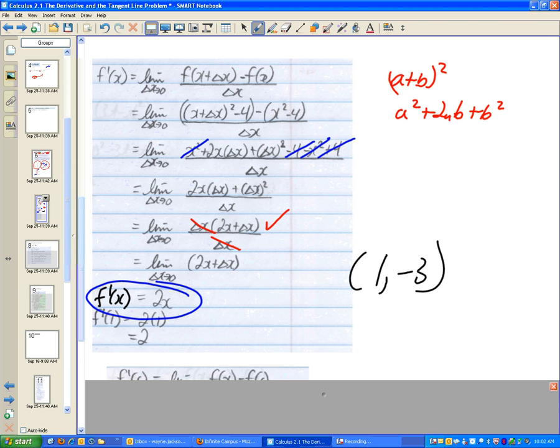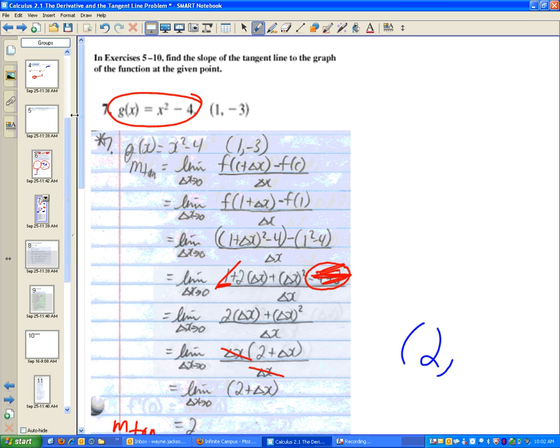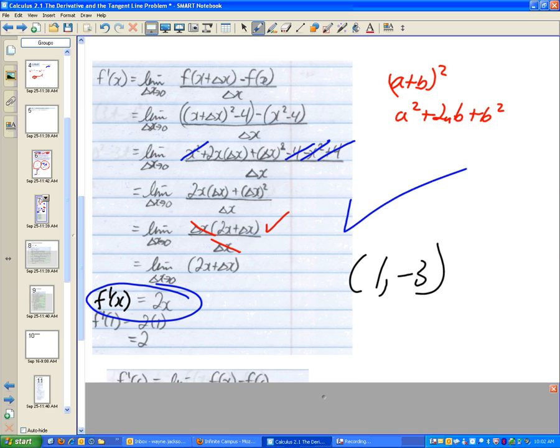It's possible, depending upon what the function looks like, that doing this is worth the effort. It's not likely, but it might be worth the effort if doing it the other way is just too cumbersome. But 99 times out of 100, I'm going with this.